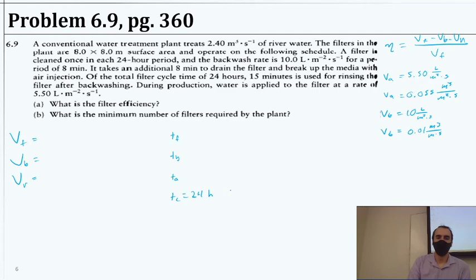That was 24 hours. Again, I want to get everything into seconds. So if we multiply that 24 by 3,600, we should get 86,400. The time for the air purge was 8 minutes. Should be 480.